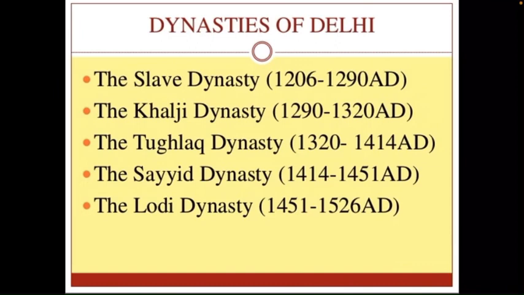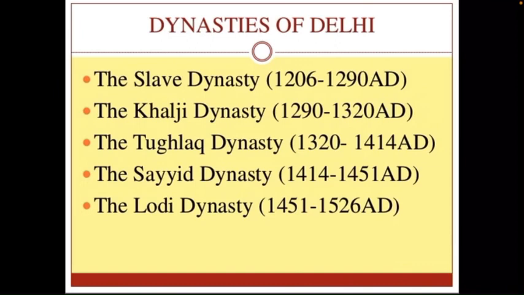The first one was the Slave dynasty that ruled from 1206 to 1290 AD. Then came the Khalji dynasty, 1290 to 1320 AD. After the Khalji dynasty came the Tughlaq dynasty. It ruled from 1320 to 1414 AD.